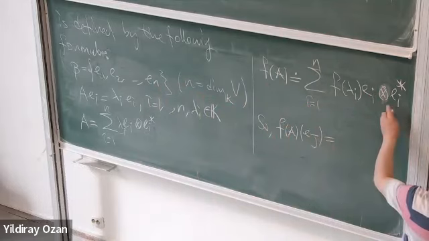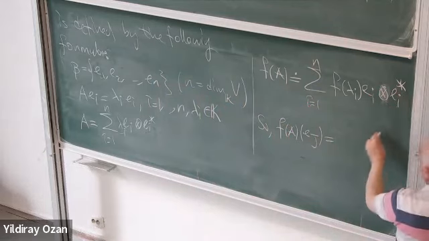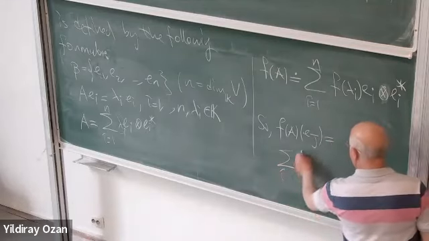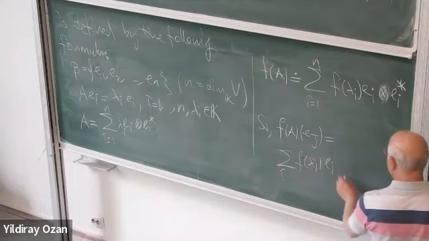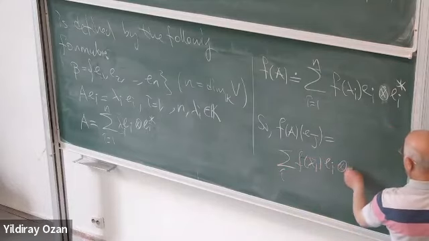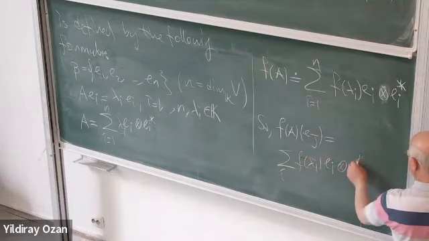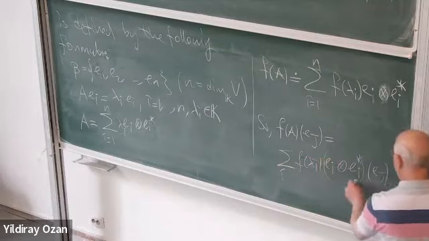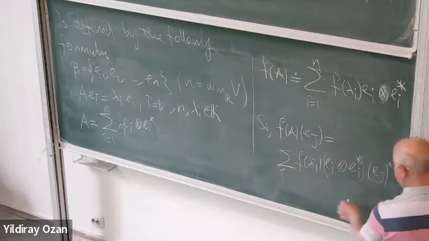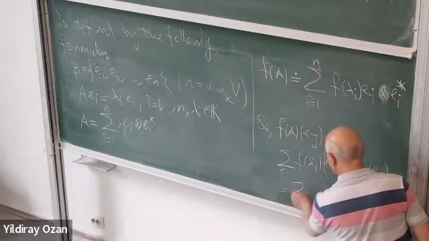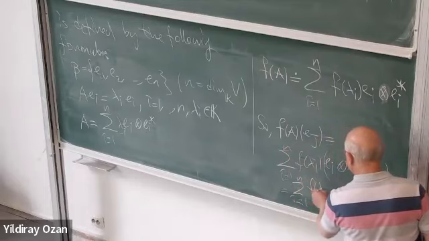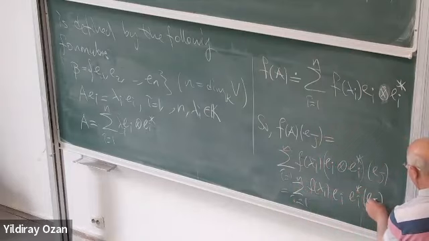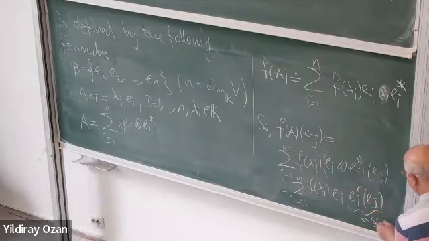When you plug e_j here, e_i times e_i star of e_j, so this is just, okay, so let me write here, summation over i, f of lambda_i, e_i, and then e_i star of e_j. So this thing is just the Kronecker delta ij, right?